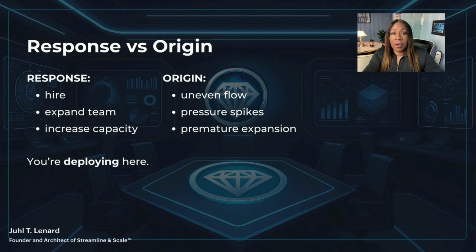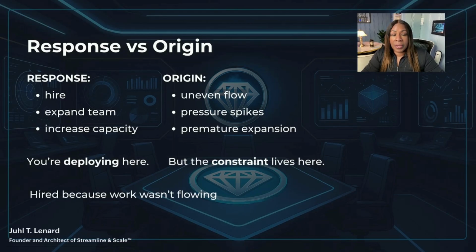You were deploying over here because you thought you needed to expand the team, but the constraint lives over in capacity, with things that we needed to do before hiring so that we could align with revenue. You hired because the work wasn't flowing, but there was an uneven flow.